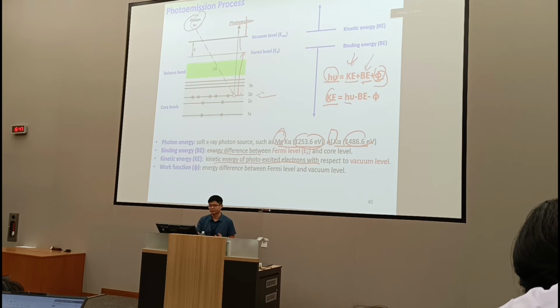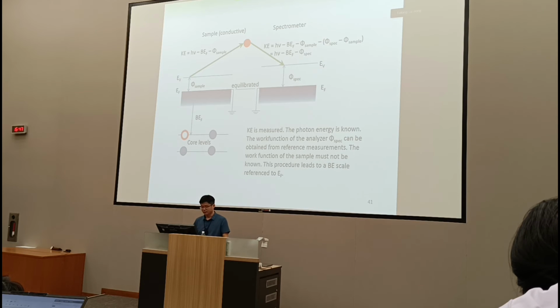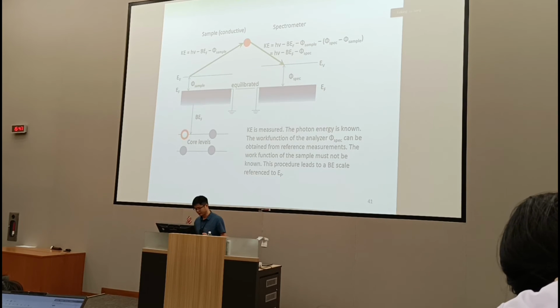But the good thing is that in a real operation, you don't need to know the work function of samples. You only need to know the work function of your spectrometer, your XPS spectrometer analyzer. For that, we can calibrate, so we know the work function of the spectrometer.